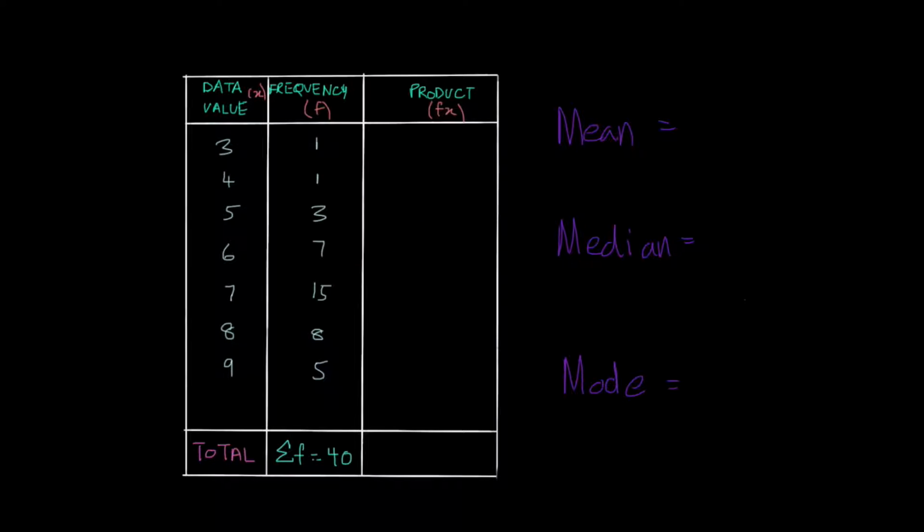So here the product would be 3 times 1, that's just 3. 4 times 1 is 4, 5 times 3 is 15, 6 times 7 is 42, 7 times 15 is 105, 8 times 8 is 64, and 9 times 5 is 45. And then we can do the summation of the products, and this is basically adding all the terms.